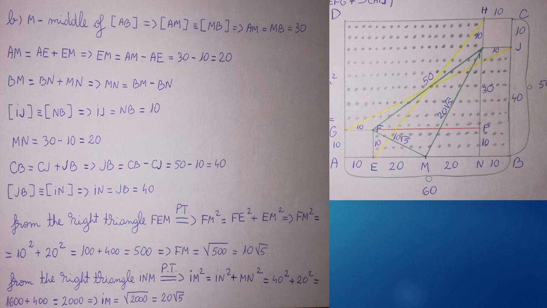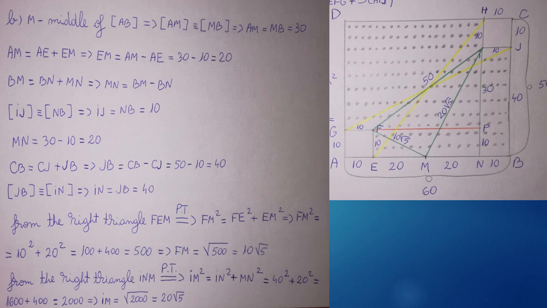Point B. Point M is the middle of the segment AB. So from this we have that the segments AM and MB are congruent. So AM is equal to MB, which is equal to 30. AM is equal to AE plus EM. So EM is equal to AM minus AE, which is equal to 30 minus 10, which is equal to 20.